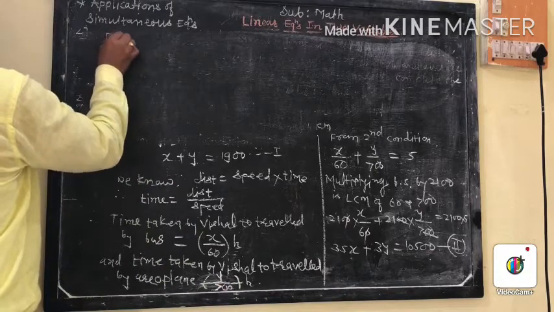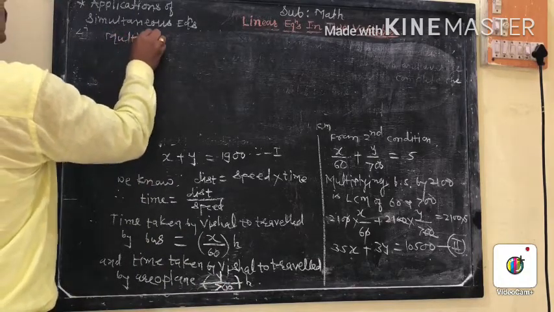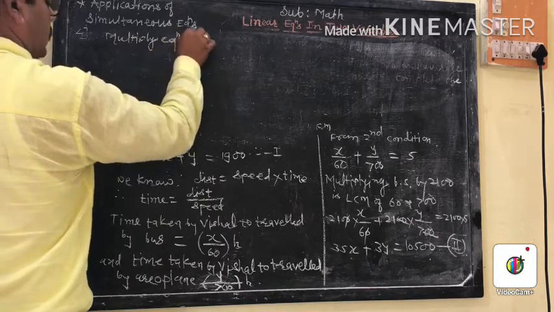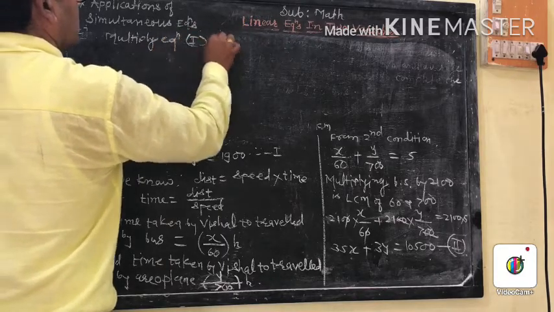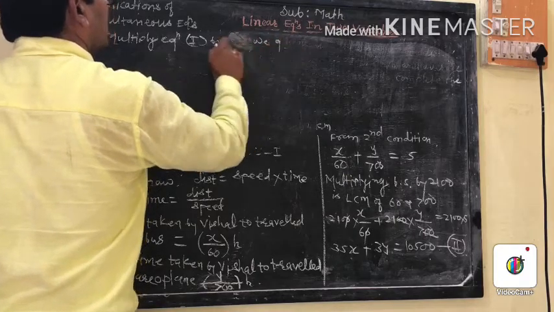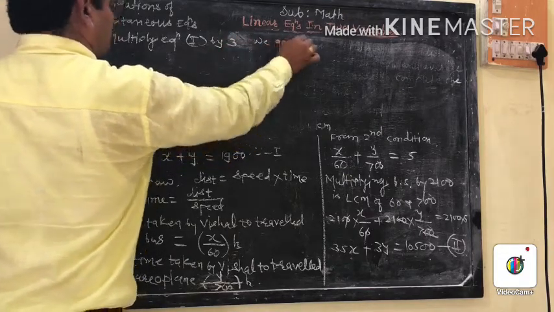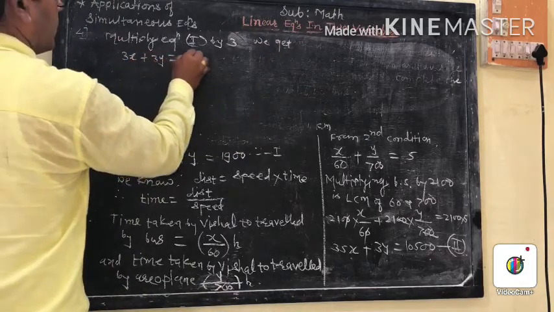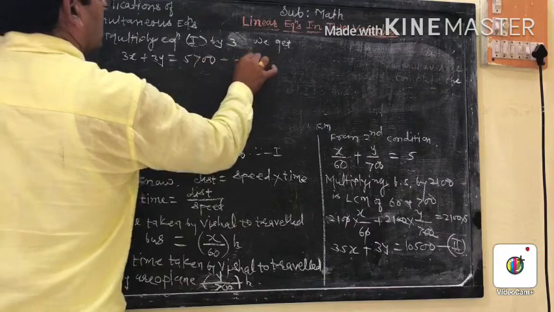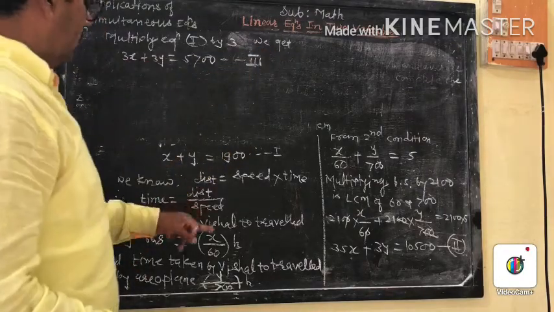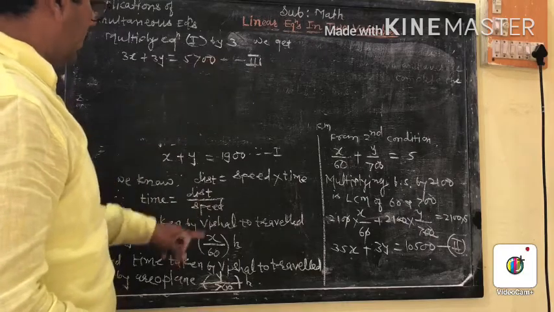Multiplying equation 1 by 3, we get 3x plus 3y equal to 5700, which is equation number 3.